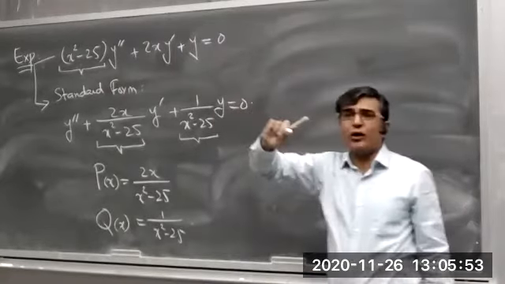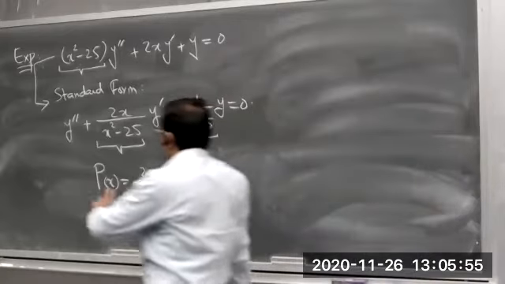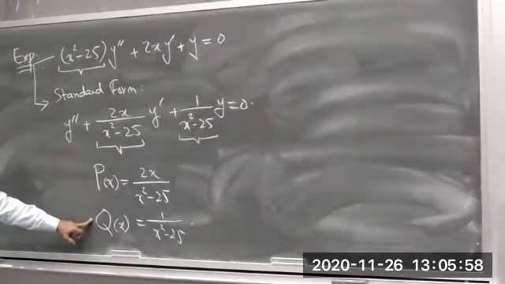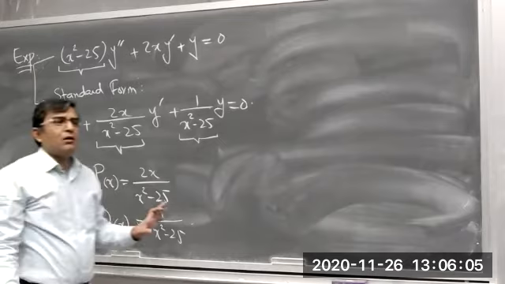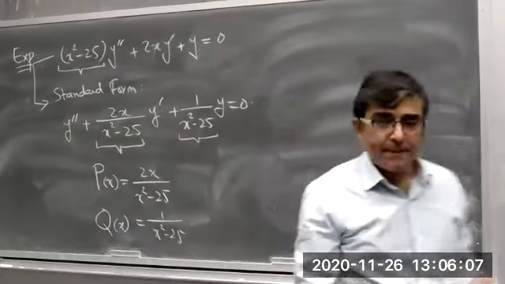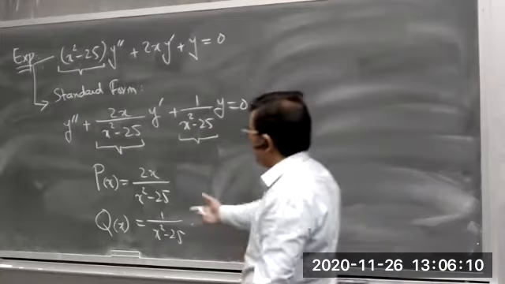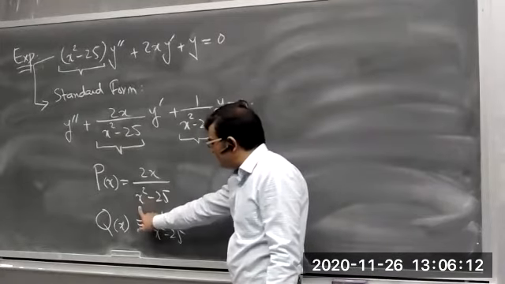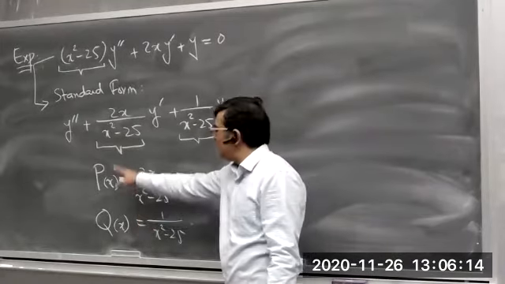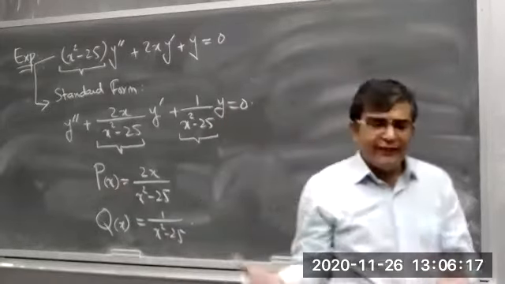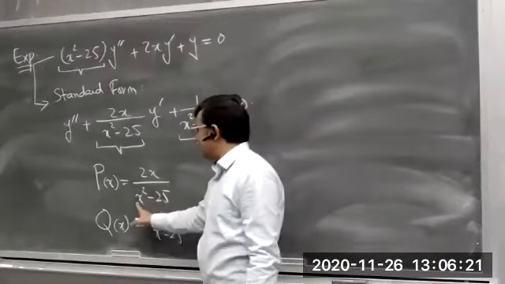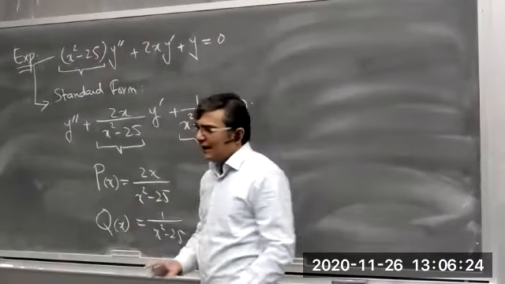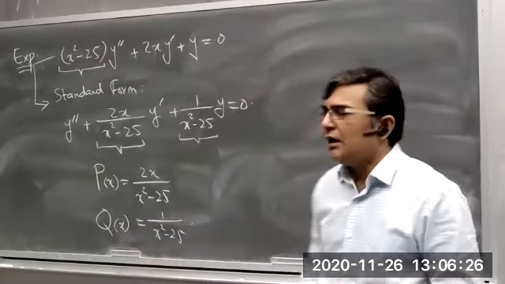Which obviously we can see here that whenever we put x equal to 5 or minus 5, P of x will be infinity, undefined, and P of x will not be continuous at x equal to 5 or minus 5.